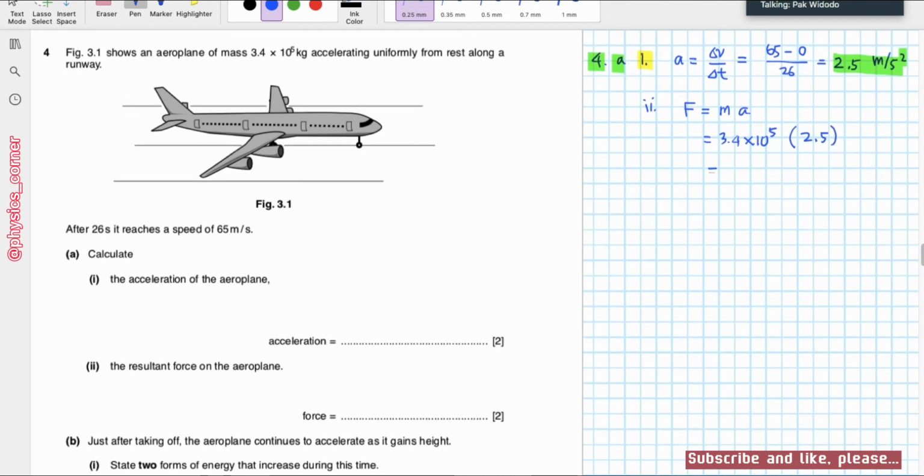If we calculate this number, this is about 8.5 times 10 to the power 5 Newton. Question I, we use the formula F equals ma. This is also a equals delta v over delta t.